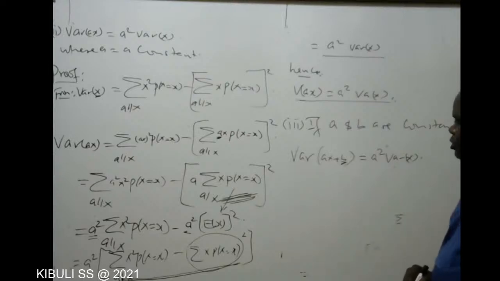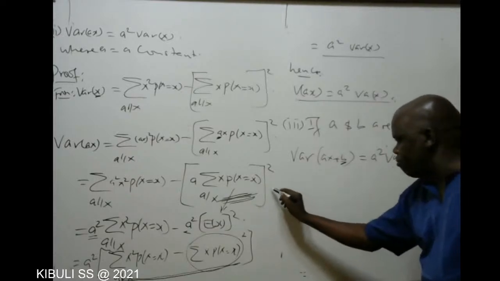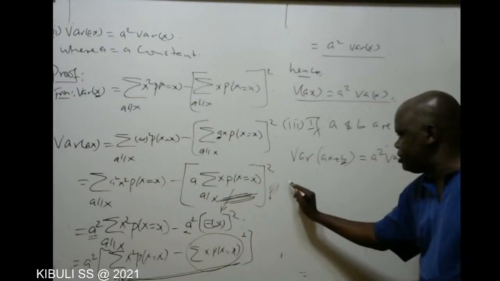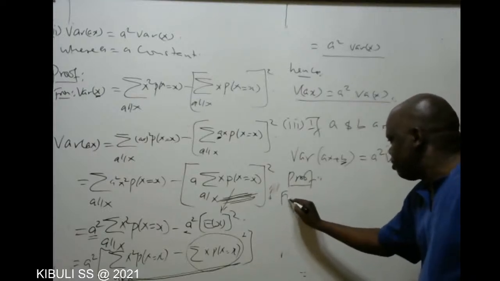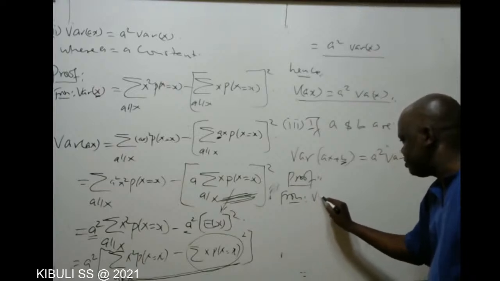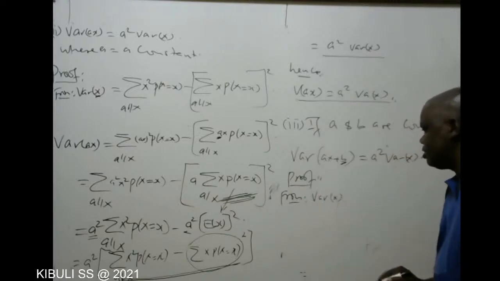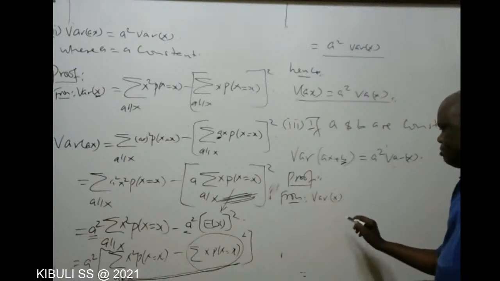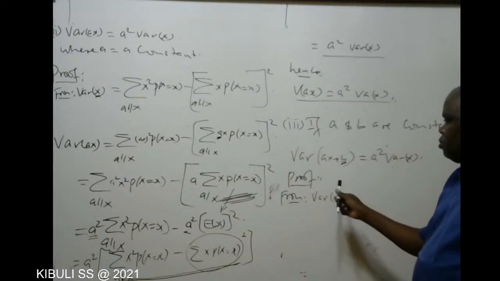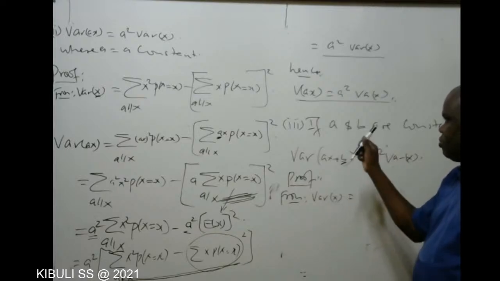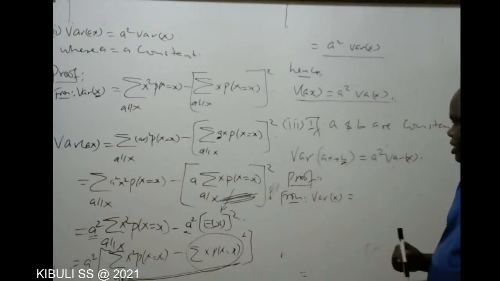Now, the question is then, how do you show it? The same process. Can we prove this? Our proof, we begin by saying from the variance of X, a random variable X, being equal to, for this particular case, I want to use two approaches. After using this one, the sums, I'm not going to use the other one.